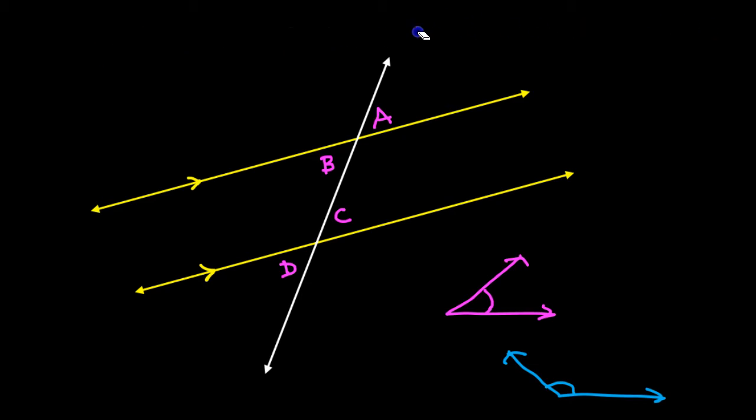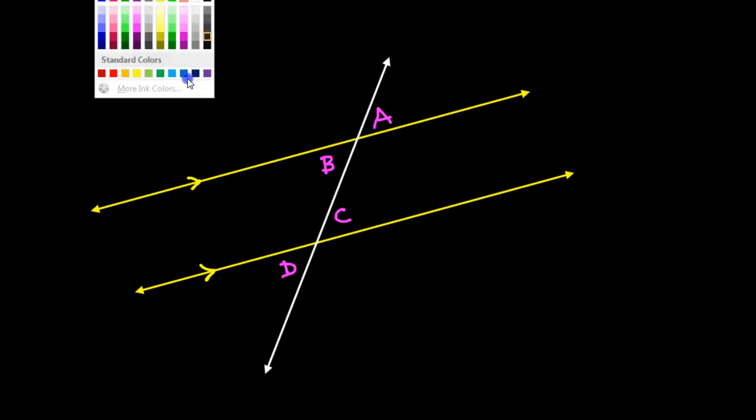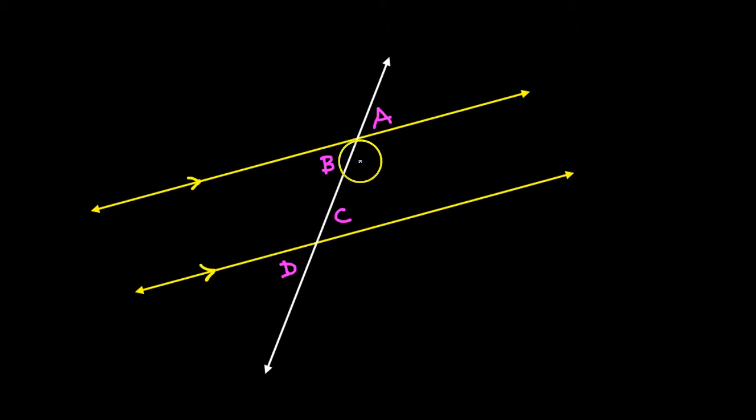When you have parallel lines cut by a transversal, a key thing to understand is that all the acute angles will be the same, and similarly all the obtuse angles will be the same.